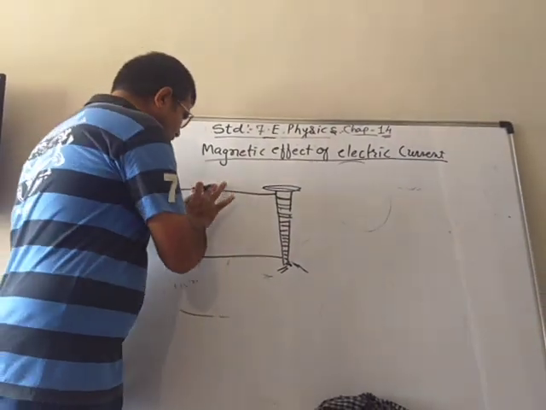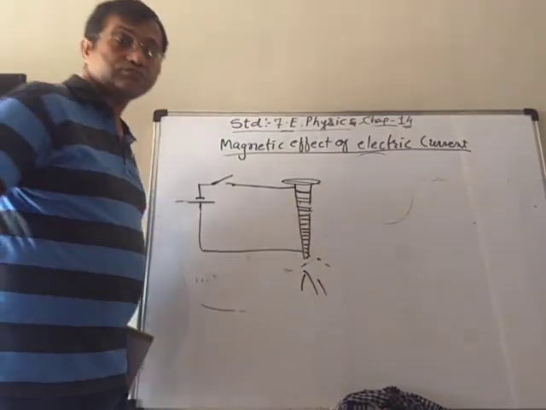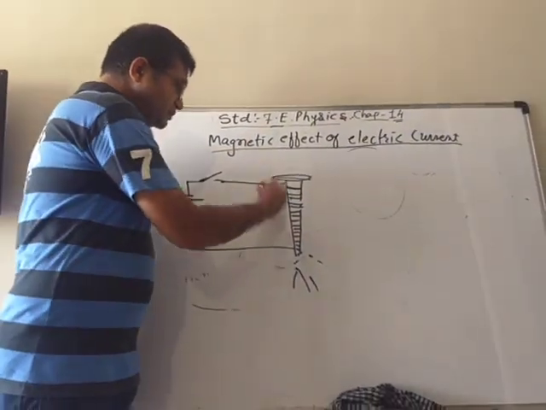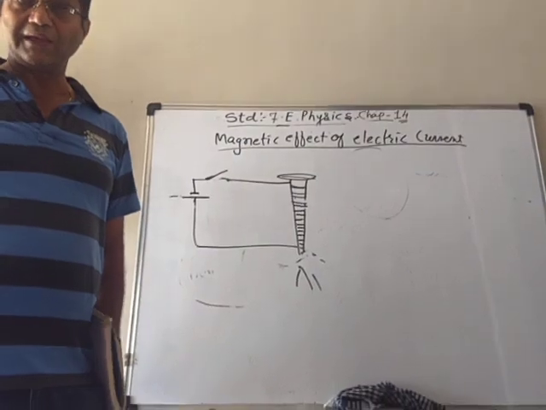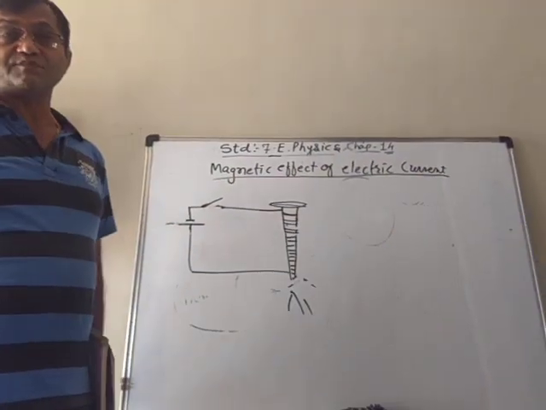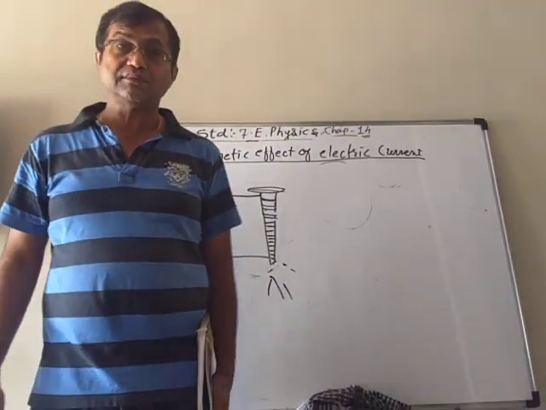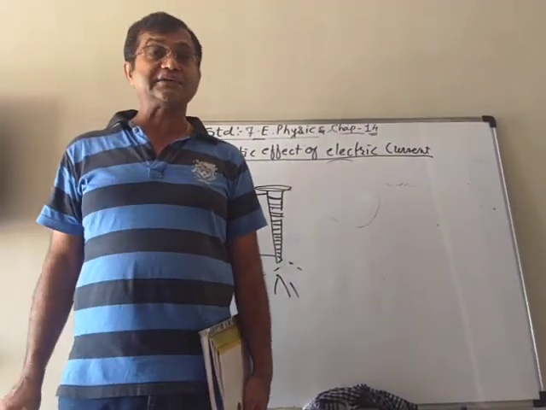If you switch it off again, all the pins will fall down. If you switch it on again, they will be attracted. Why? It means that whenever the current is passing through the screw, it behaves like a magnet, because only a magnet can attract that.